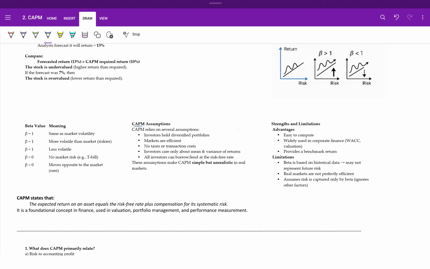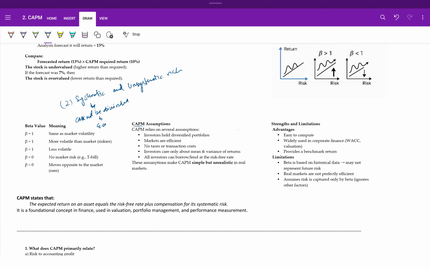There are two types of risk: systematic and unsystematic risk. We have discussed previously that systematic risk cannot be diversified, and this is related to the economy.